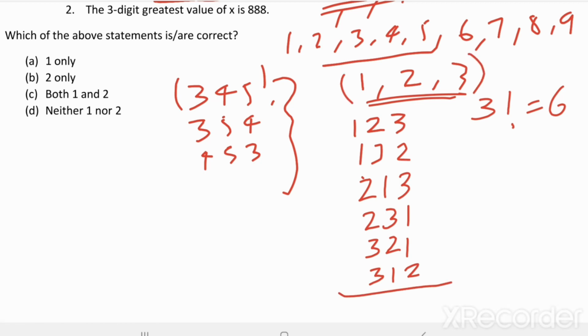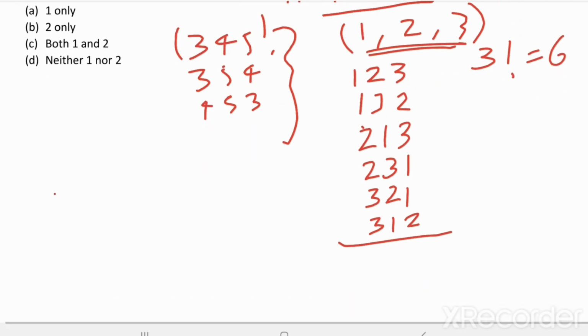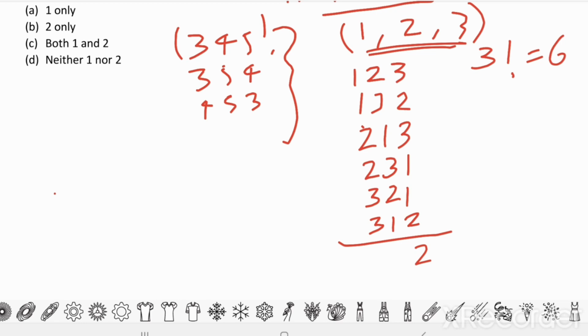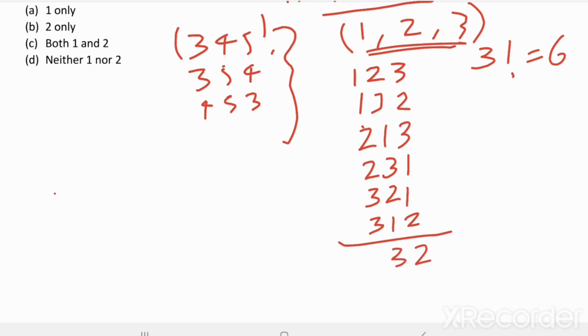Then adding all these numbers: 2 plus 1 is 3, 3 plus 1 is 4, 4 plus 3 is 7, 7 plus 2 is 9, 9 plus 3 is 12, then carry over 1. Here 12 plus 1 is 13.